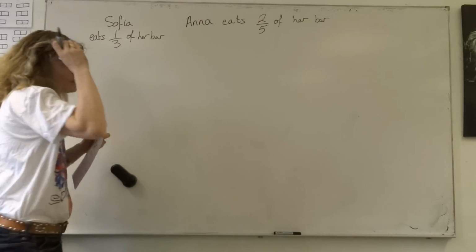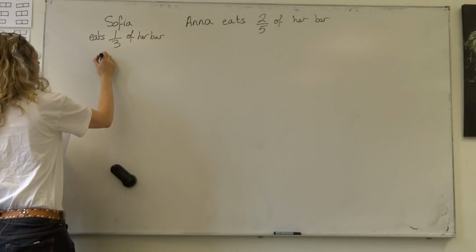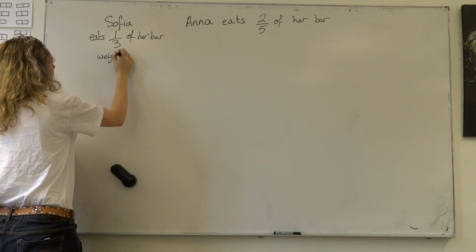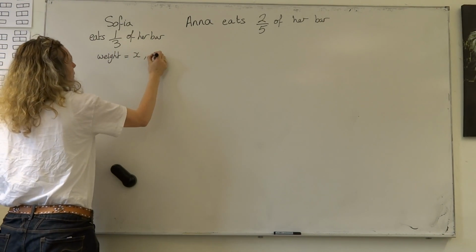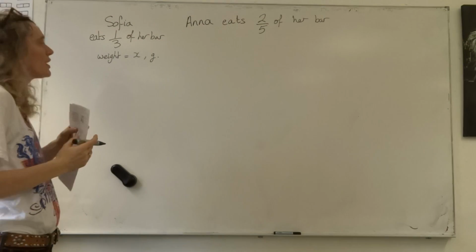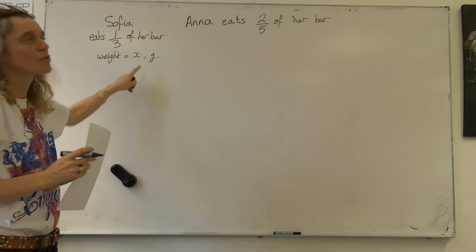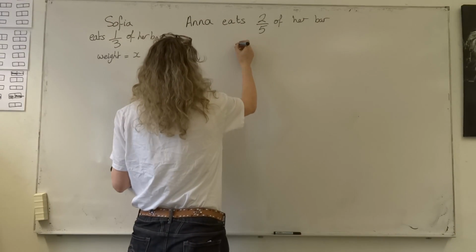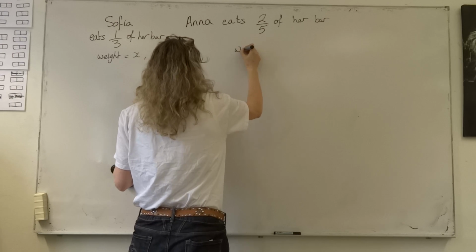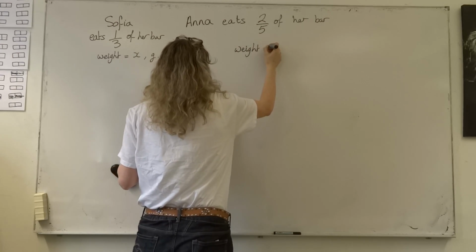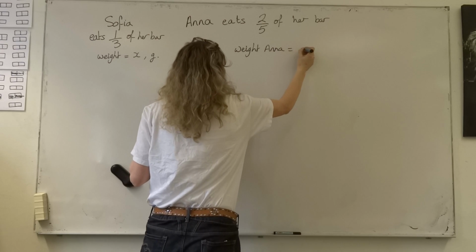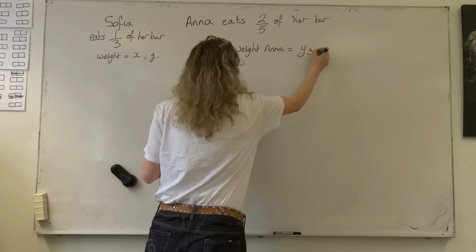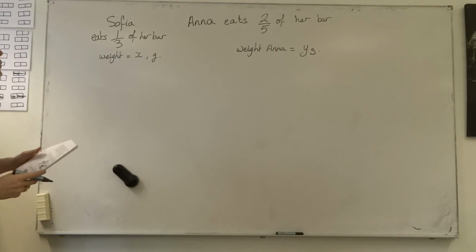Let's call the weight of Sophia's bar X grams. She's eating a chocolate bar that weighs X grams, whereas Anna is eating a chocolate bar, the weight of Anna's bar, let's call it Y grams. Okay? So what do we know?